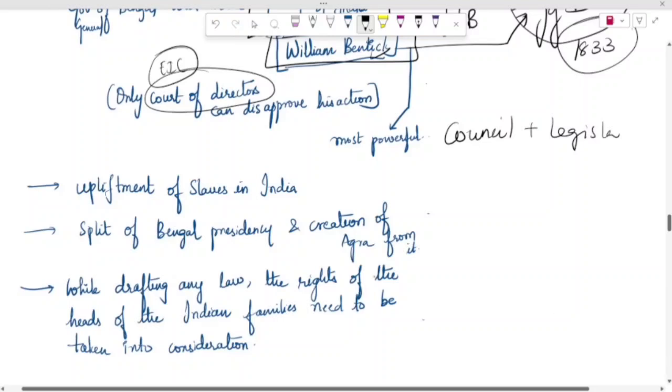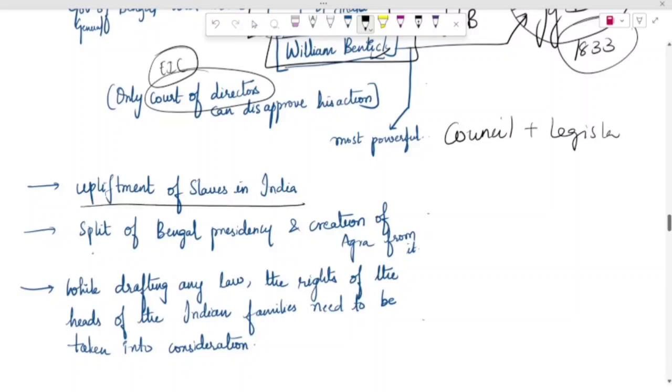And this Act spoke about the upliftment of slaves in India, and also about the split of the Bengal Presidency. Bengal at that point of time included Agra, Awadh, Odisha, Chhattisgarh and Bengal.